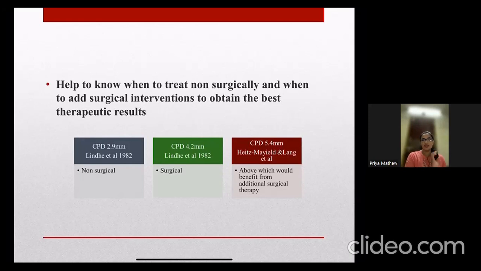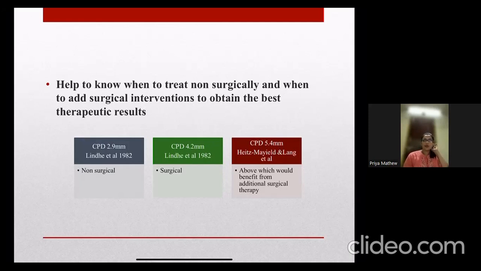So you have found a critical probing depth of 2.9, which is almost the higher end of the normal pocket depth. So when it is in the range of 2.9, that region is assumed to be good for non-surgical treatment. If we attempt a surgical treatment at that site, the authors claim that there is a chance for loss of attachment rather than the gain of clinical attachment.